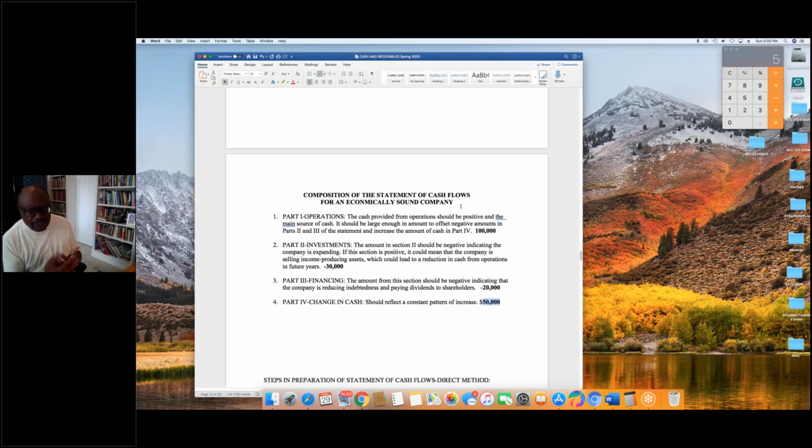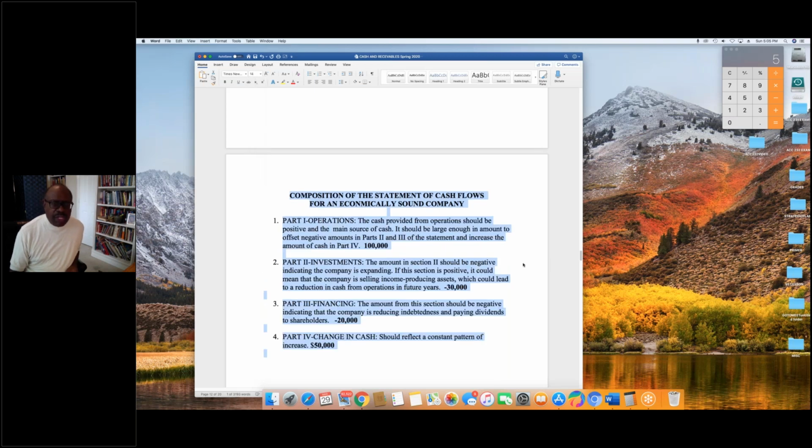So that's what you would like to be able to do when you graduate. You'd like to have $100,000 in cash, and buy some additional assets.